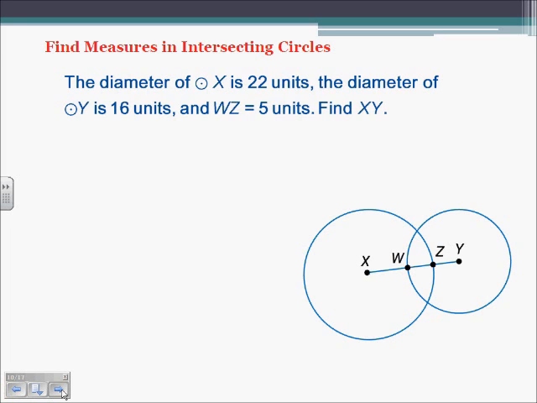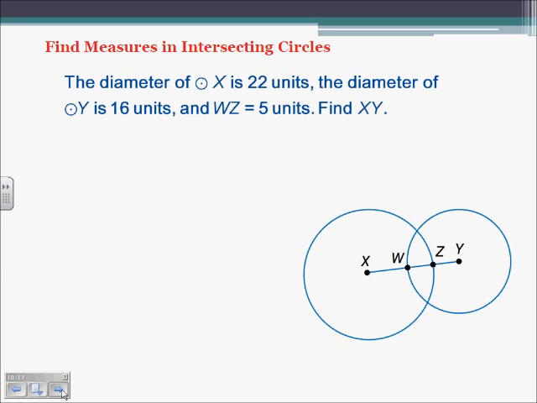Finding measures in intersecting circles. The diameter of circle X is 22 units. The diameter of circle Y is 16 units, and WZ is equal to 5 units. We need to find XY. So first off, we know XY is going to be equal to the sum of XW, WZ, and ZY.